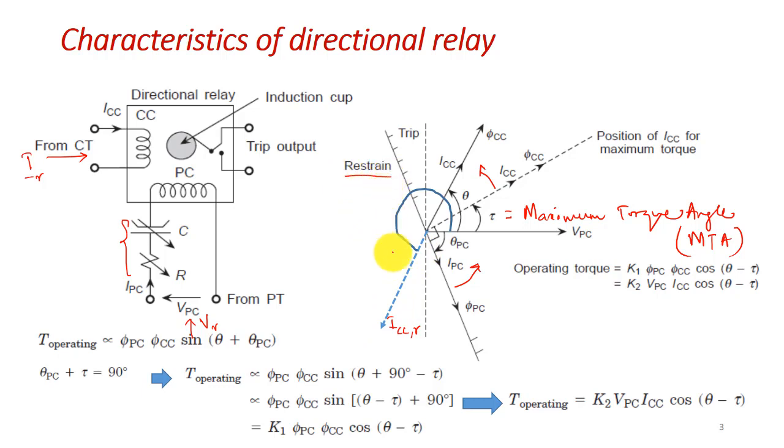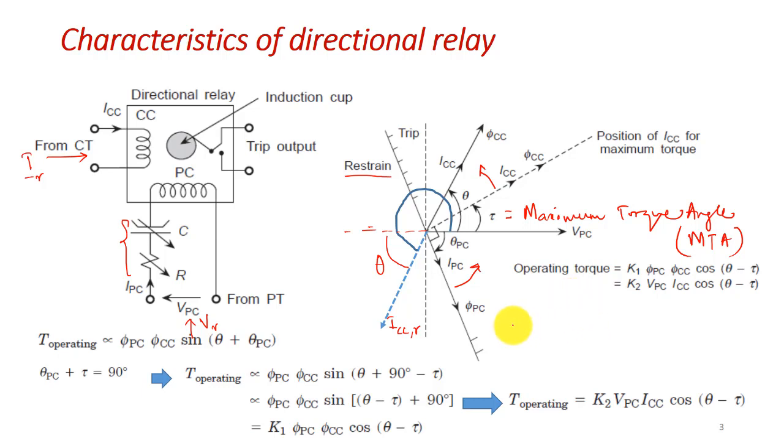Why is it called the restraining zone? Let us substitute the value. The angle here will be 180 plus theta, so instead of theta we substitute 180 plus theta.